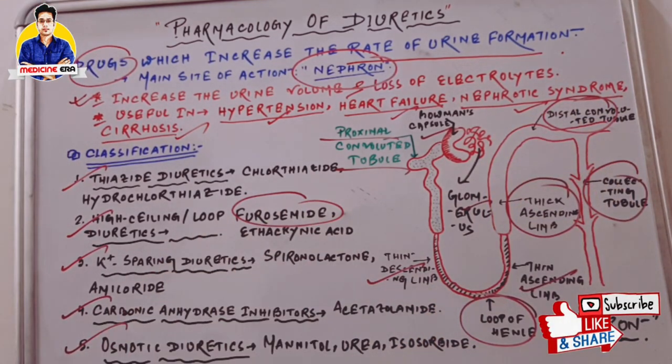These are the main parts of the nephron. So in studying diuretics, you have to know that diuretics affect particular parts of the nephron, and so the increase in urine formation occurs.